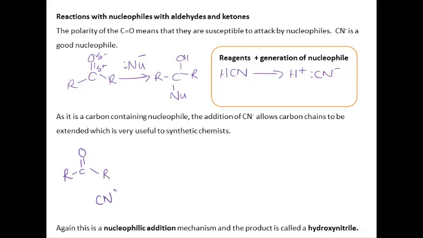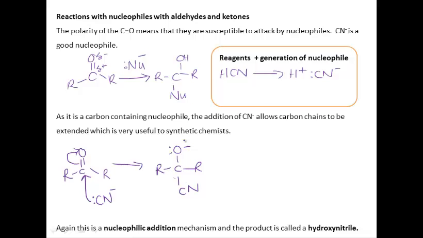Here's our CN-. It's very important that you have your lone pair on your carbon to show that that's where it joins on. This is attracted to the carbon, electron density out onto the oxygen again, leaving the oxygen with a lone pair and a minus charge, and our CN has been joined on there.